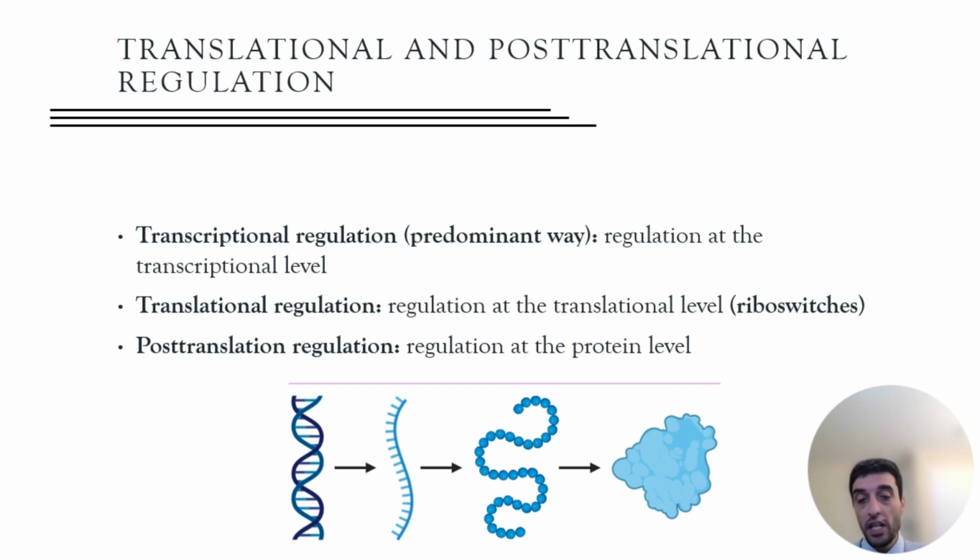And there is also post-translational regulation, that's regulation at the protein level by enzymes. Usually it's very quick and very focused. It's also important, but we're not going to talk that much about it because it involves a lot of biochemistry, and since our class is on genetics, I don't think we can take advantage of this biochemical part that much.